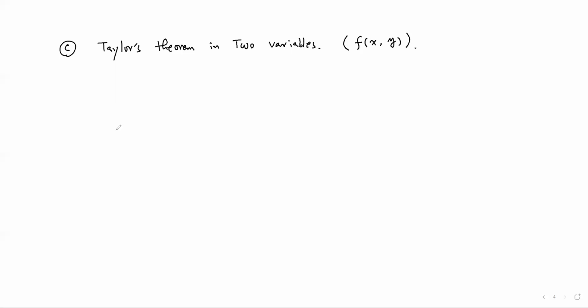Again, a notation. Okay, notation. Let omega be the open interval (a, b) by the open interval (c, d).